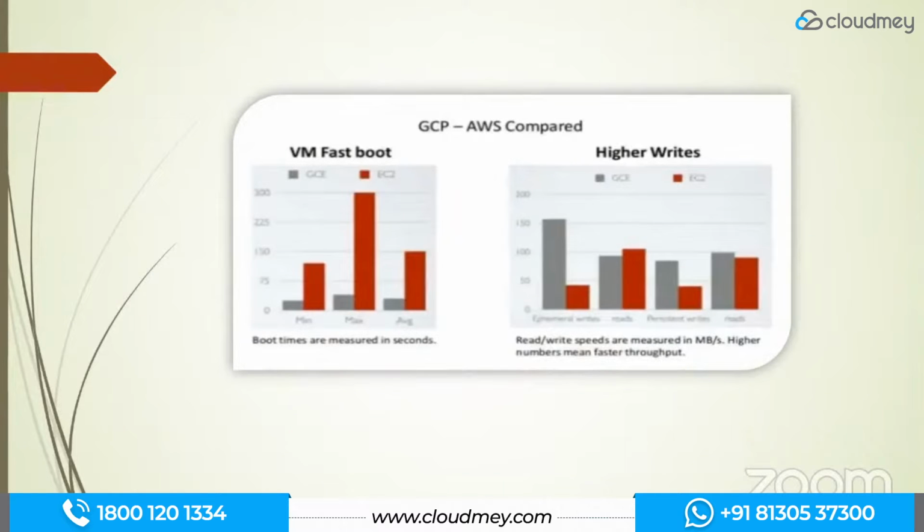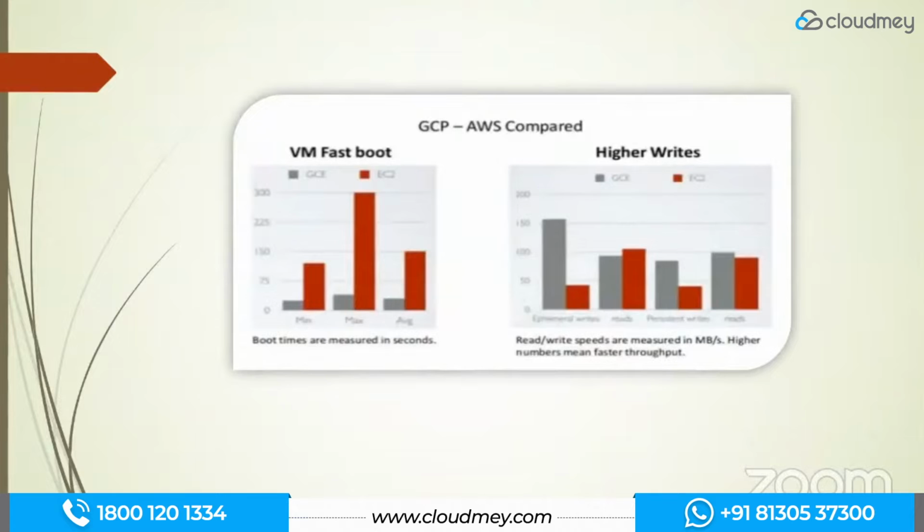If you do a reboot, or you have a maintenance reboot or shutdown, and you are restarting the services or the application server, the speed of the reboot is faster. And if you are booting a new VM from scratch for any website or application, it's very fast compared to AWS or Azure.